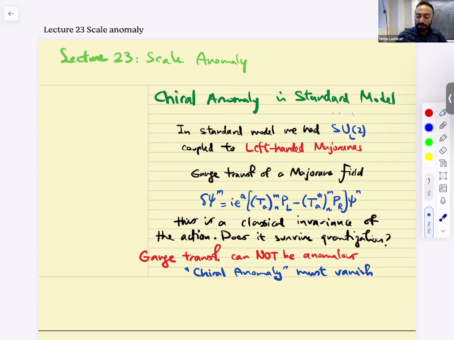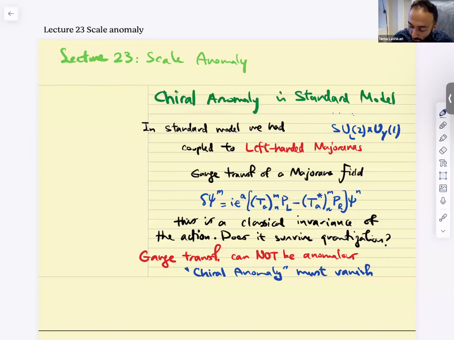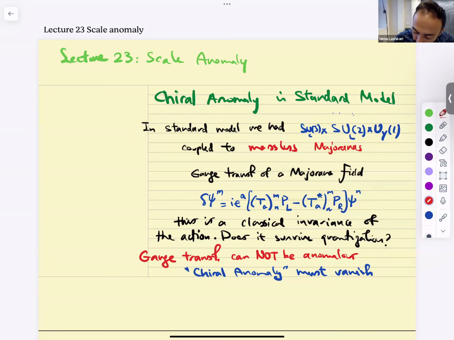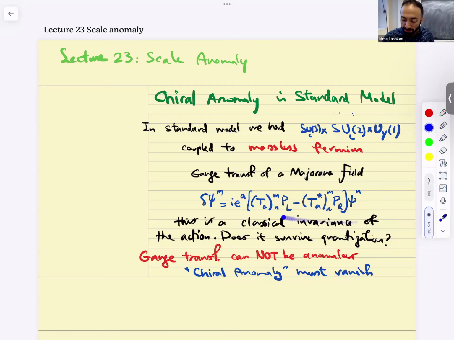Because for massless fermions, the representation of the Dirac spinor is reducible, right? Anyways, so the standard model has SU2 left times U1 hypercharge times SU3 color, and we had it coupled to massless fermions, right? Let me just write it this way. I think this is easier. So the gauge transformation of a Majorana field is like this, right?